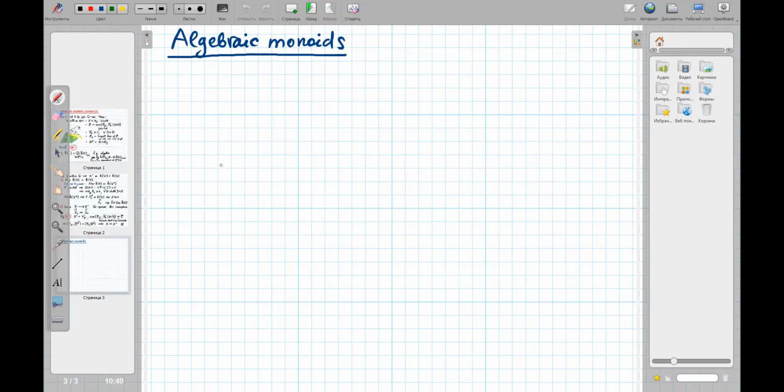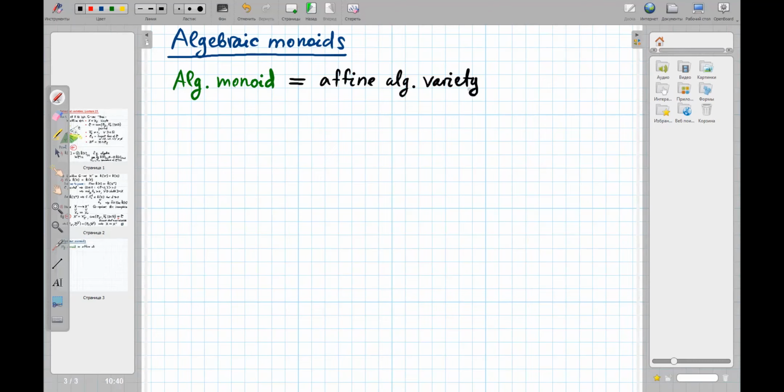We define an algebraic monoid to be an affine algebraic variety which is at the same time a monoid.